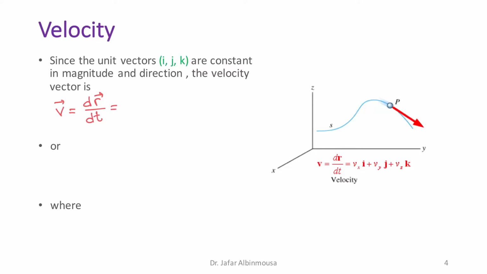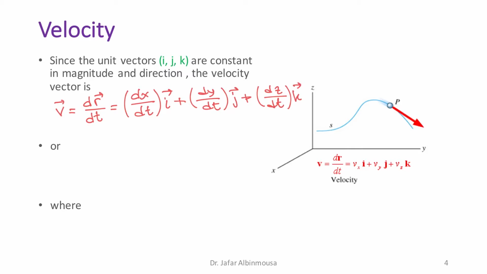In that case, we are going to get dx over dt multiplied by i, plus dy over dt by j, plus dz over dt multiplied by k.